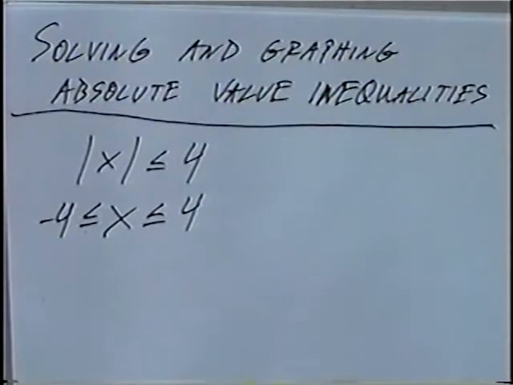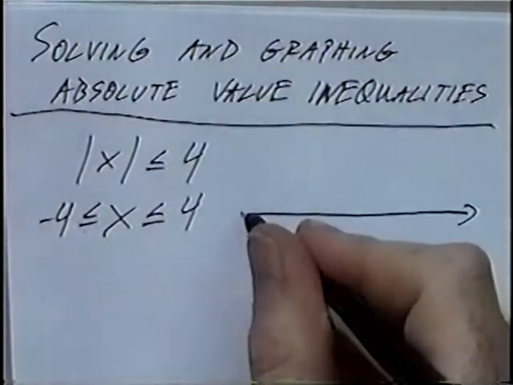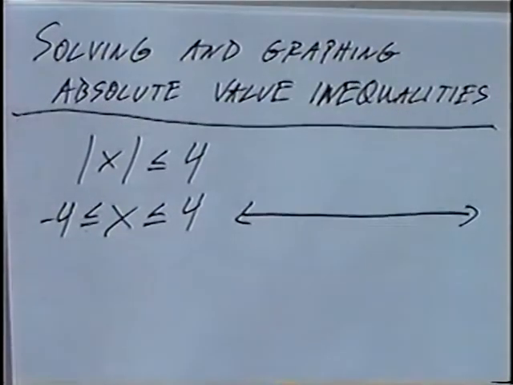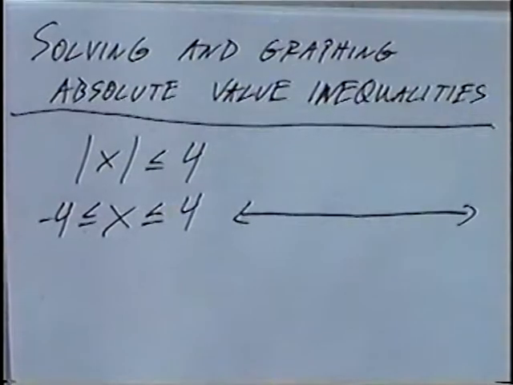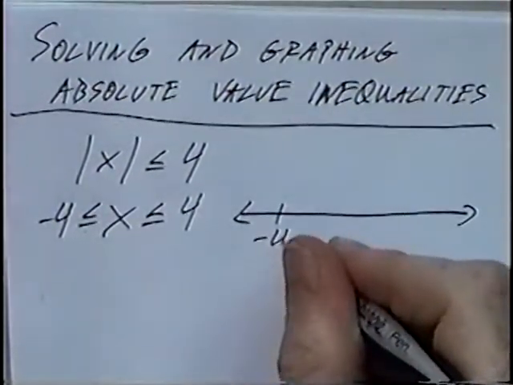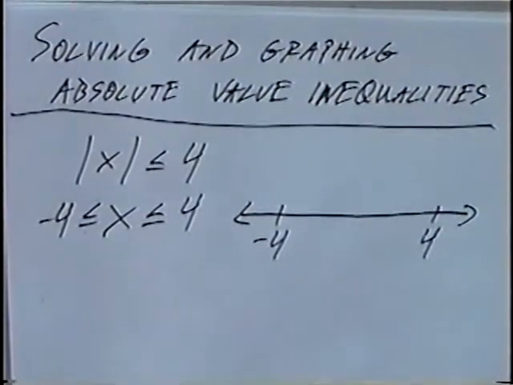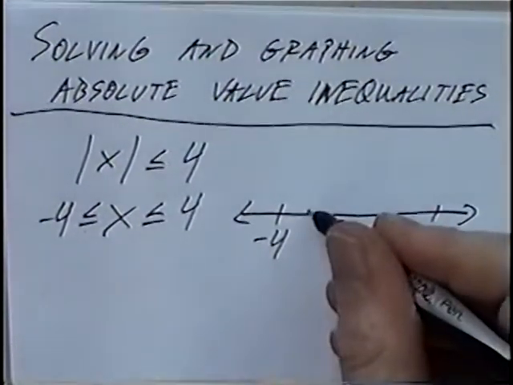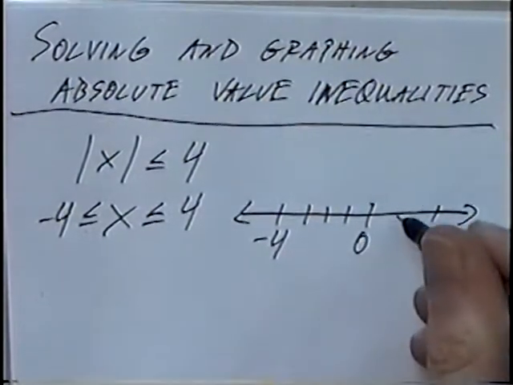From here we can graph the absolute value inequality, which again will be a single number line since we have a single variable. We do have two numbers in our solution, so we'll have negative 4 on the left-hand side, and we'll also have positive 4 on the right-hand side. You can fill in some hash marks, so we'll have 0 in the middle.